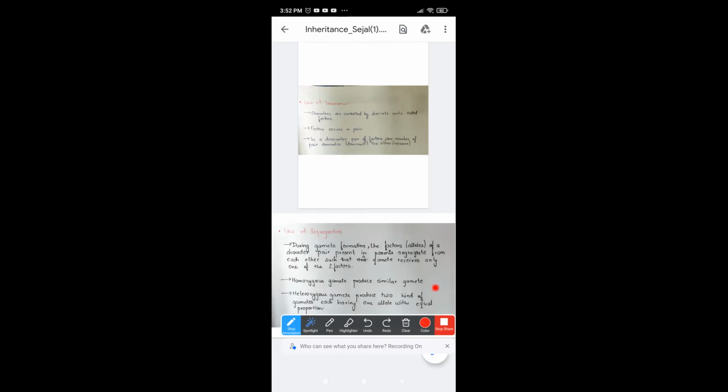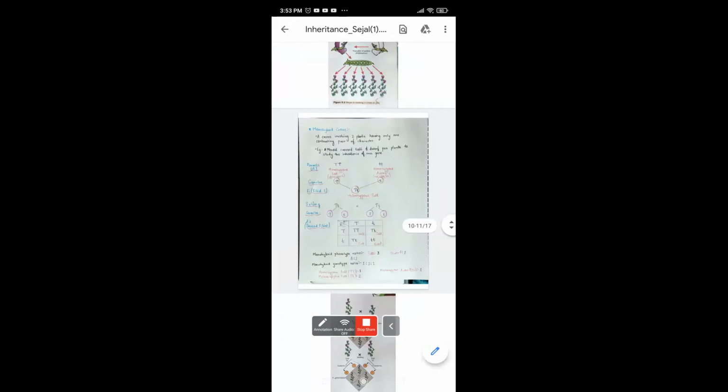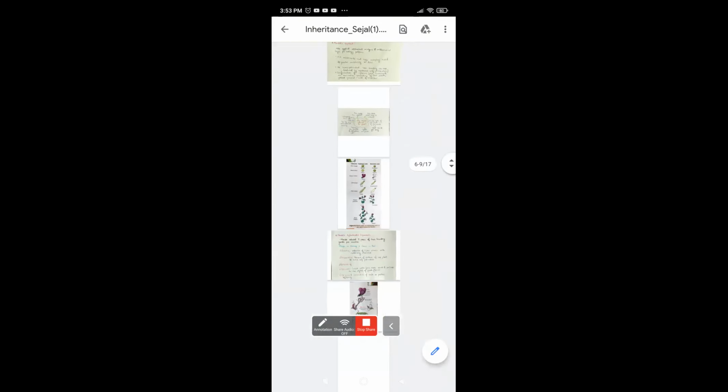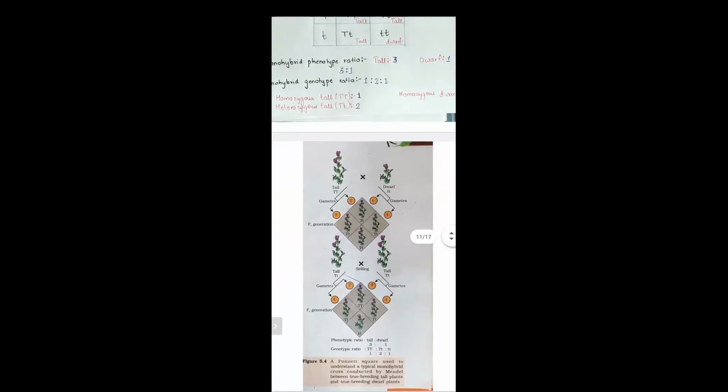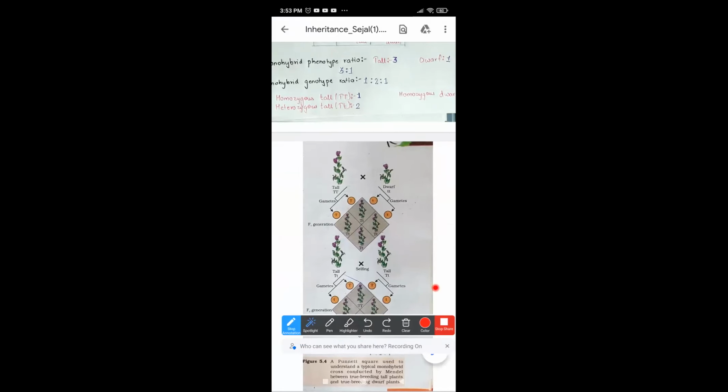Homozygous parents produce similar gametes. I'll show you guys. See, this is homozygous, and this is also homozygous. Even if it is heterozygous, each gamete gets one single character, one factor only.